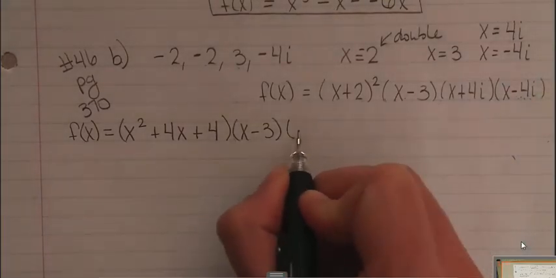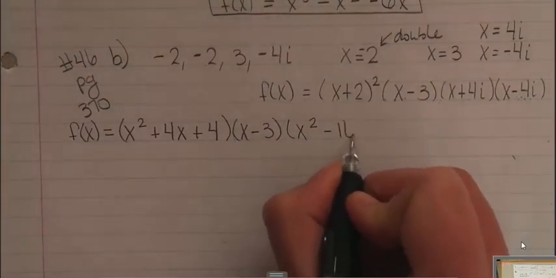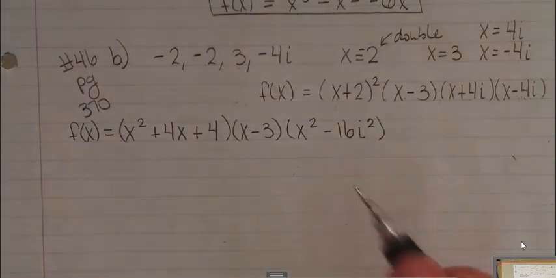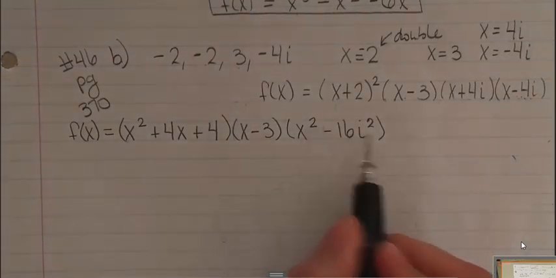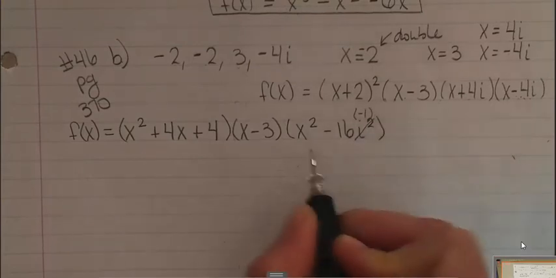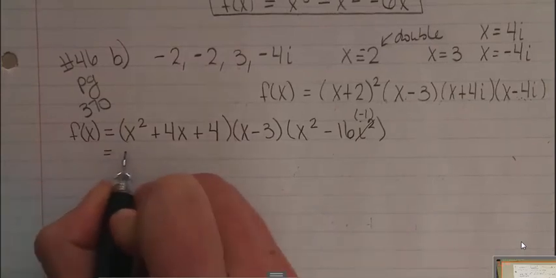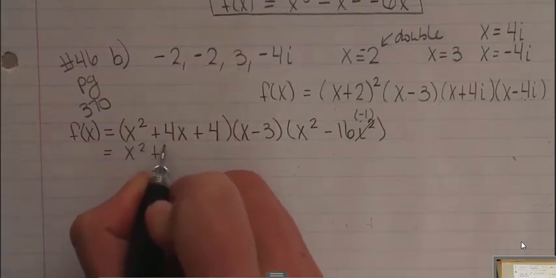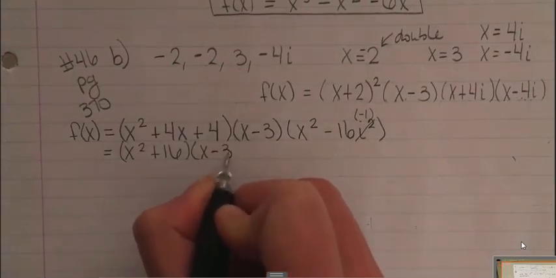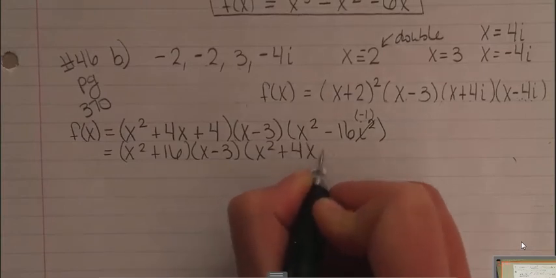So I have x squared minus 16i squared. Well, this i squared really becomes -1, so this is x squared plus 16. I'll put that one first: x squared plus 16. Then I've got that x minus 3. Then I've got my trinomial, x squared plus 4x plus 4.